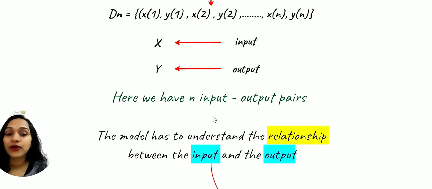And our model has to understand the relationship between the input and the output: the flower and its label, the bird and its label, the email and its label, or the blood glucose value and its label. The model should be able to generalize this and extend it to unseen images or unseen input values that were not present during training.